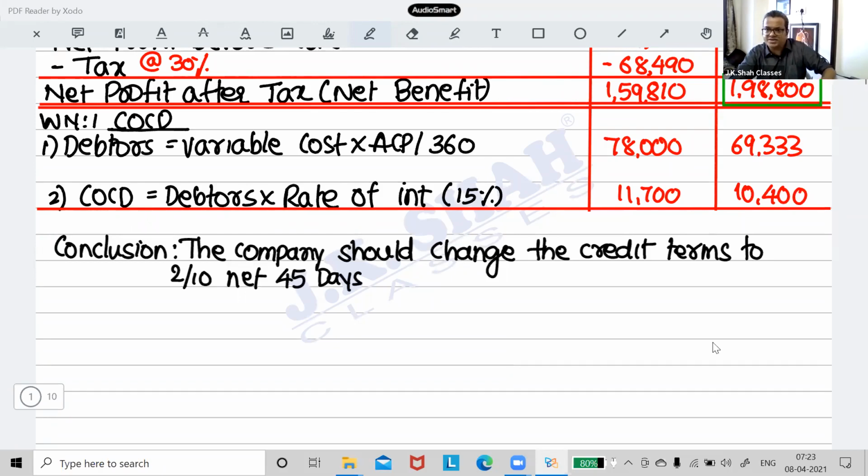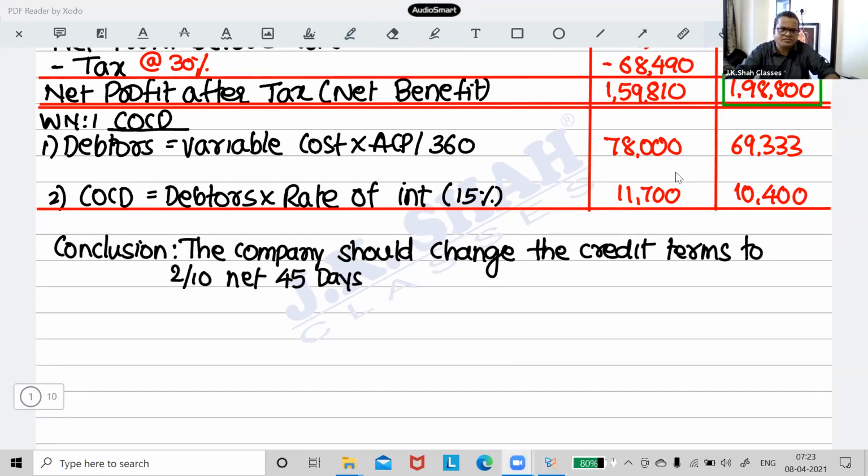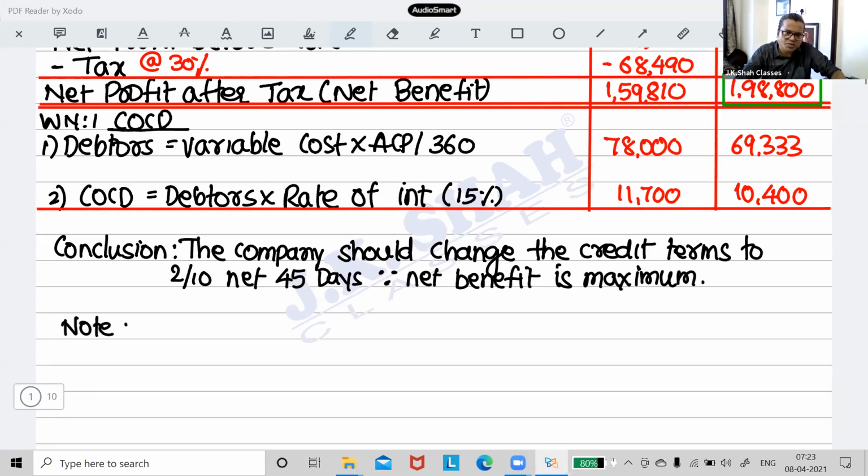That's what, now the credit terms is that only, right? Since we have only one reason, net benefit is maximum. Okay. And then as usual, give a note below.